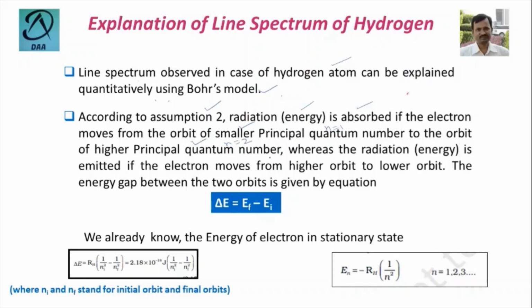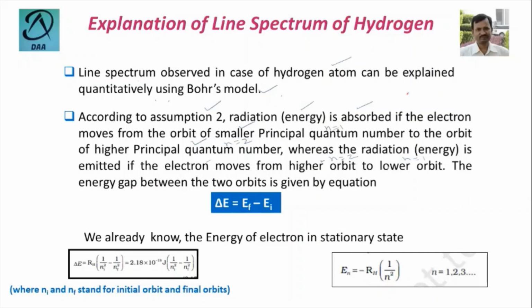And when radiation or energy is emitted, that means the electron moves from the higher orbit, if you consider n equal to 2, to the lower orbit where the principal quantum number n is equal to 1.